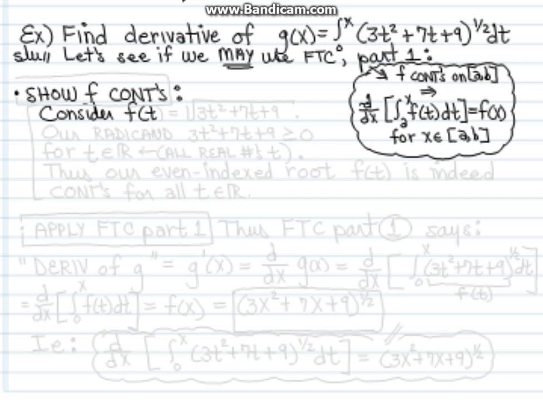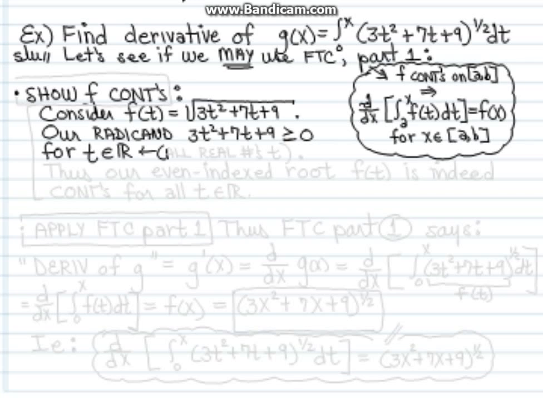Well, what is little f in the question that was given to us? Here, it's given to be the 1/2 power, so it's a square root of 3t squared plus 7t plus 9. We want to see if that's continuous on our interval from a to b. Well, the radicand, the stuff under the radical sign, 3t squared plus 7t plus 9, that's always going to be greater than or equal to 0. You can see by just looking at it.